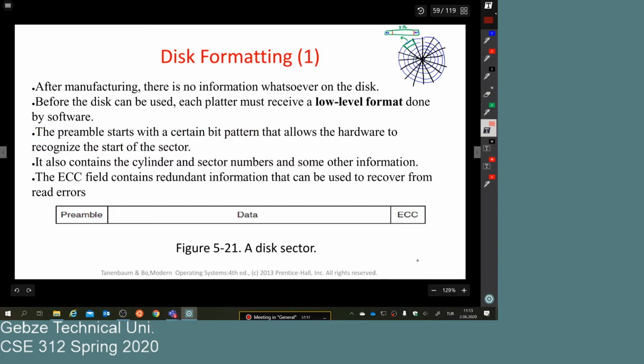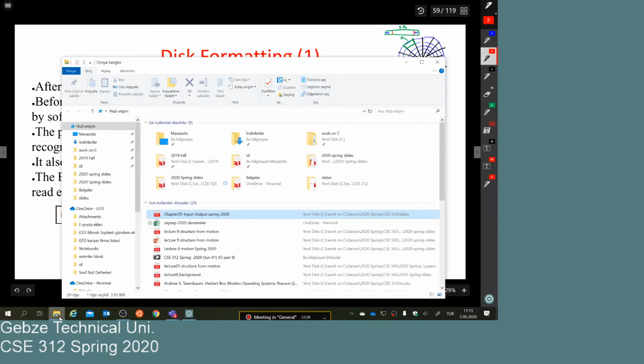I will look for this special bit pattern. That special bit pattern will tell me the beginning of a sector. Then after that, I will see the cylinder number and the sector number.